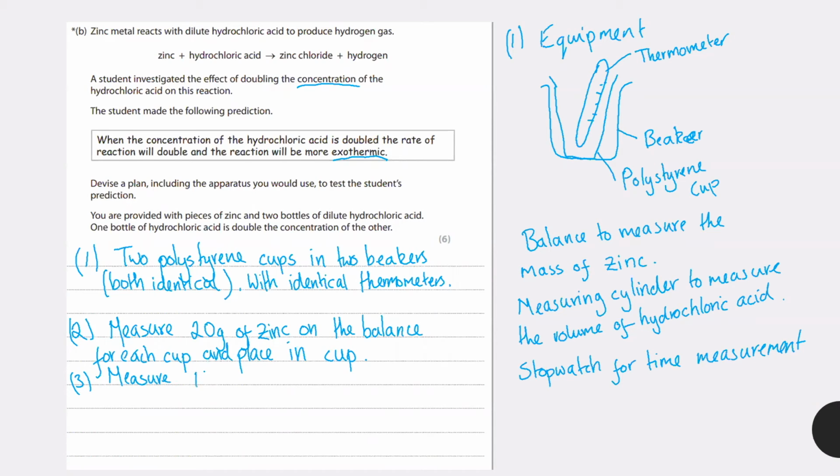Measure 100 centimeters cubed of dilute hydrochloric acid and 100 centimeters cubed of the double concentration.